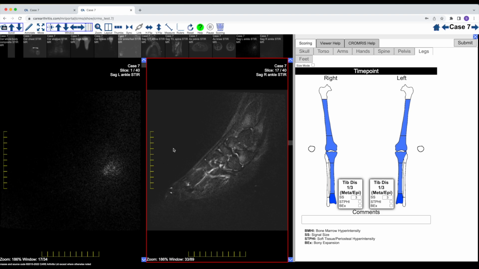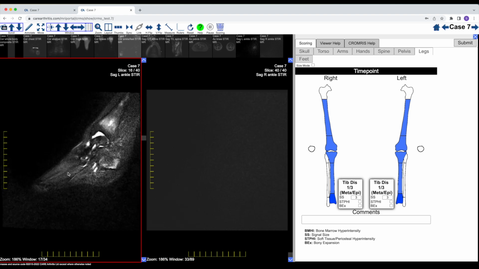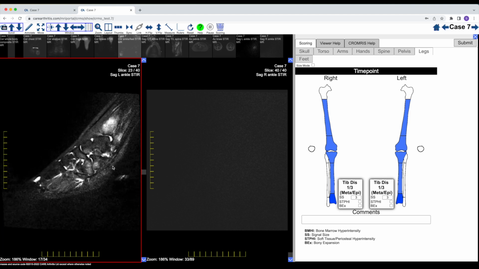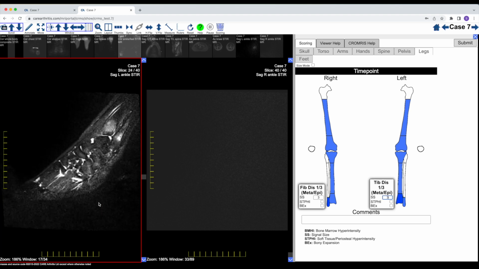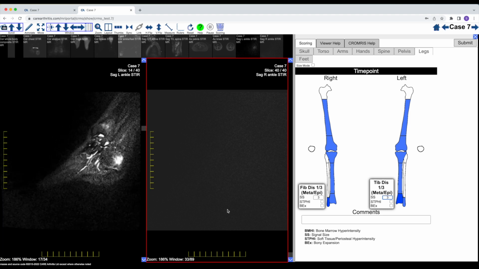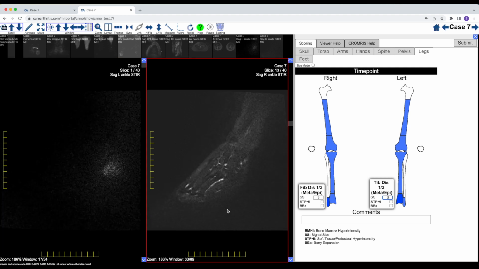This is the right side. On the left, again, there's some pretty decent involvement there. So I'd say greater than 50% of the distal portion of that fibula. Again, greater than 50% on this side. Let's see if we see any soft tissue. I'm not really seeing much soft tissue involvement or bony expansion.